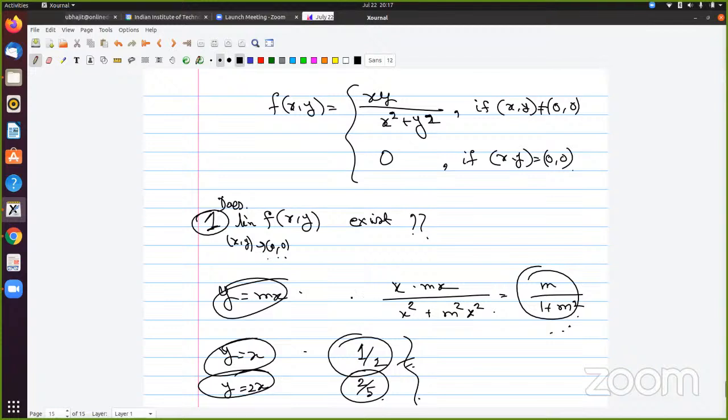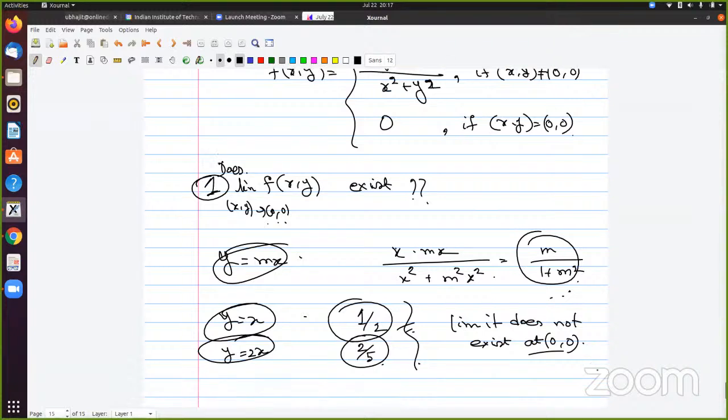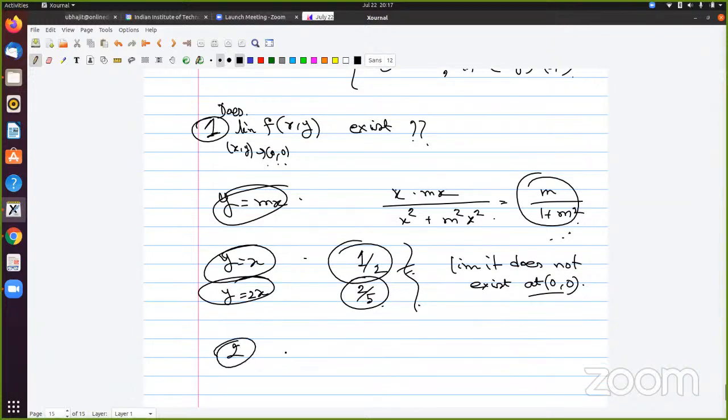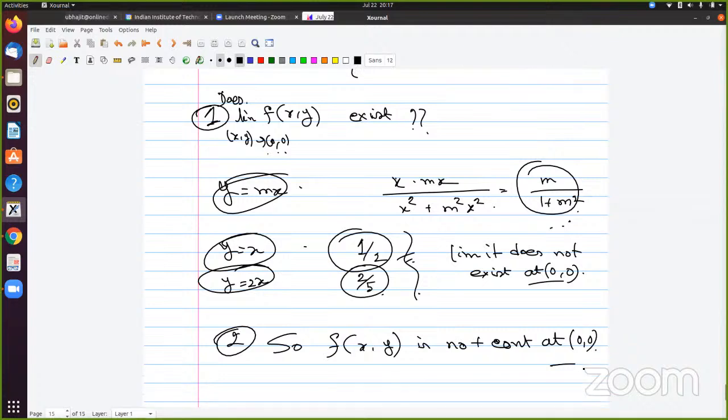But if the limit exists, then all these should be the same, right? Because the limit is unique. So here we can conclude the limit does not exist at the origin. The limit does not exist means this function is not continuous. So f(x, y) is not continuous at 0, 0. Correct?